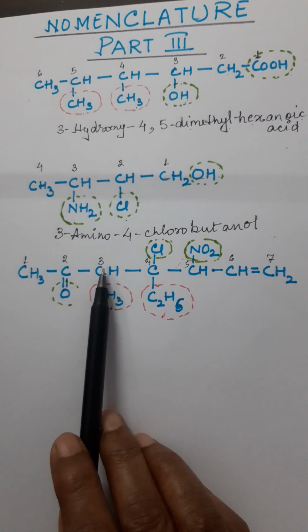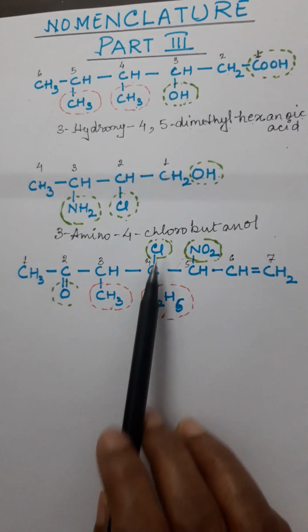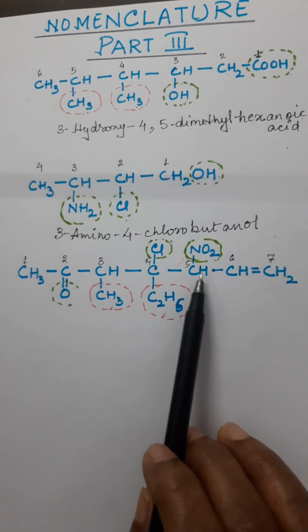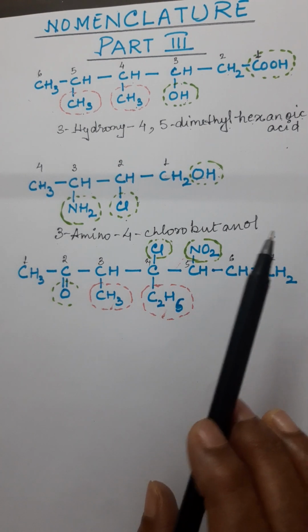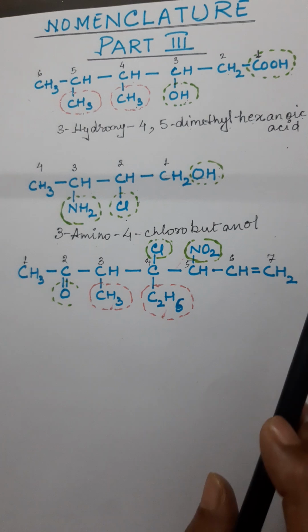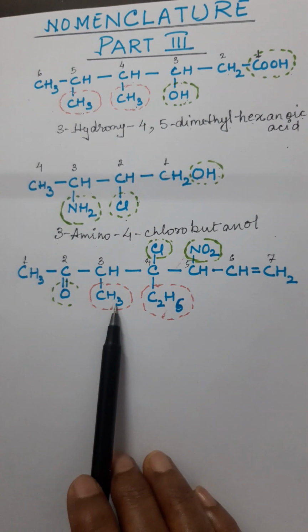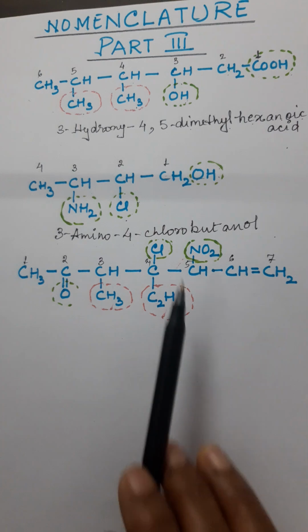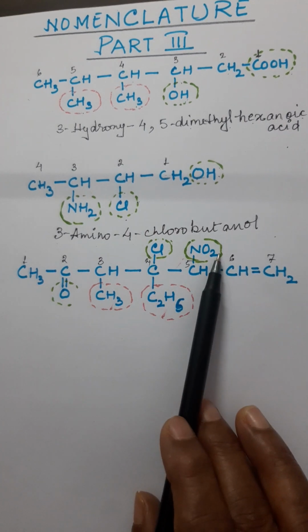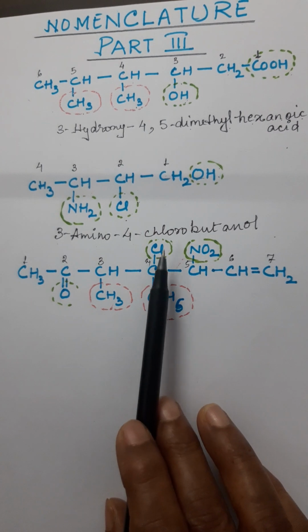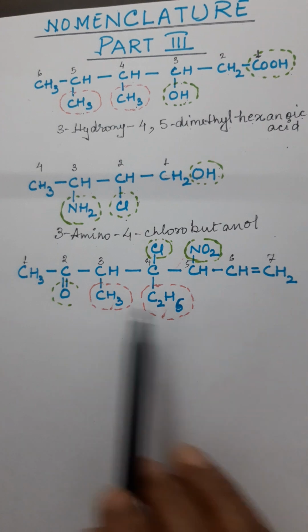So the branches are at 3. There are 2 branches at 4, 1 branch at 5. Again, go via alphabetical order while naming the prefixes. This is methyl, this is ethyl, this is chloro and this is nitro. So obviously C comes in the series first.